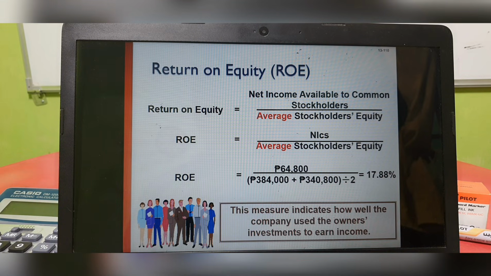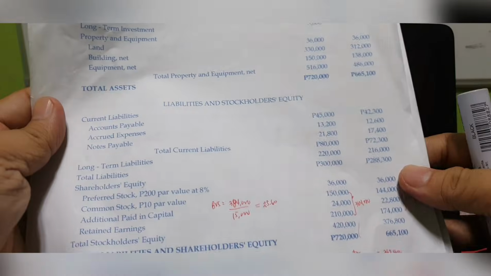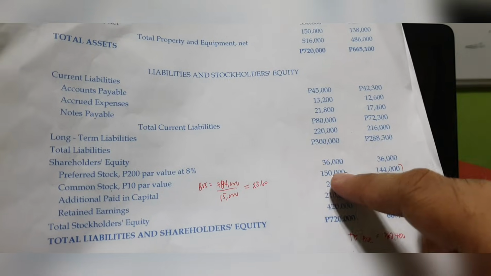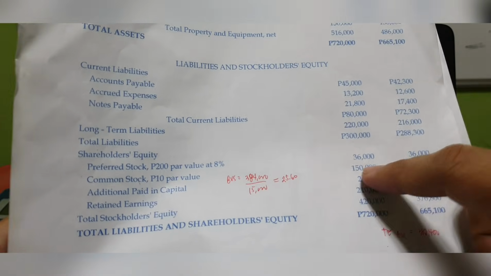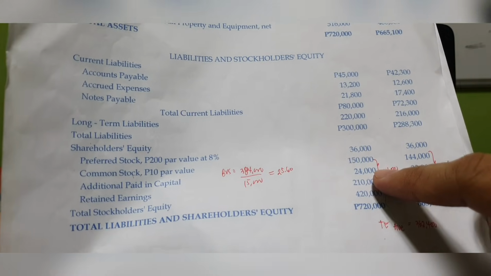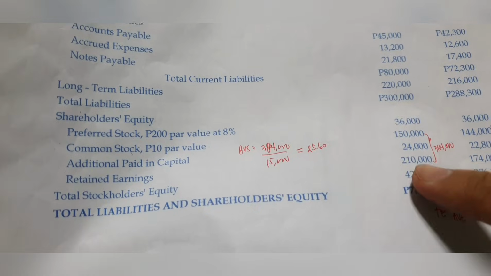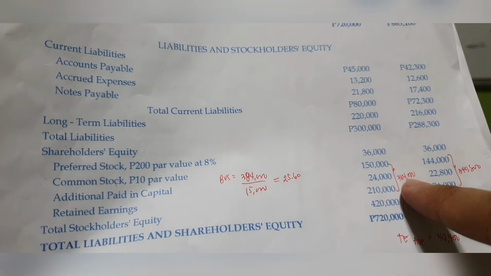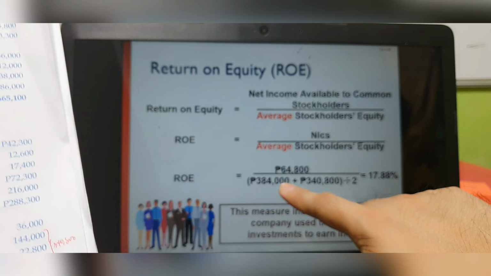So, ang NICS ay 64,800. So, going back to our balance sheet, ito po yan. So, ang stockholders' equity natin uli ay common stock, APIC na 24,000, your retained earnings na 210,000, the total is 384 for 2019 here.